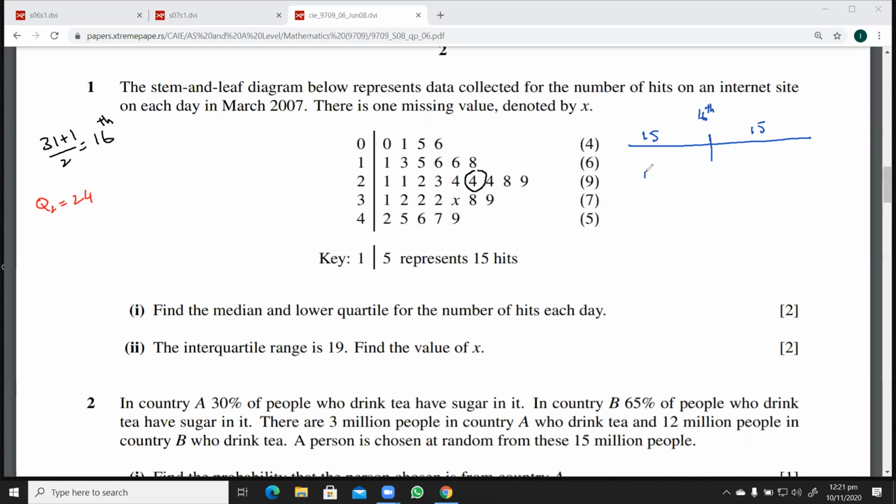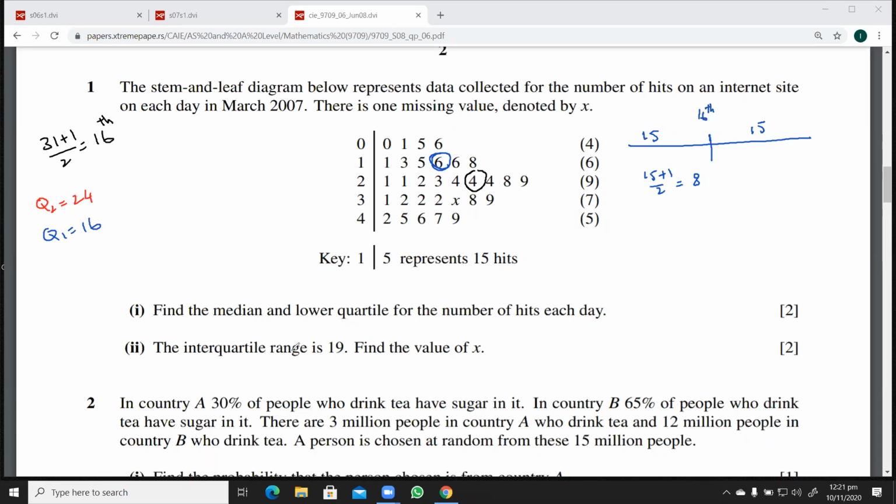So finding the median is the same, 15 plus 1 over 2, that is going to be 8. So the eighth observation over here, this is 4, 5, 6, 7, 8. So this one is the lower quartile, okay? That is going to be 16. So your lower quartile is going to be 16 hits, okay? So that is how you do that.